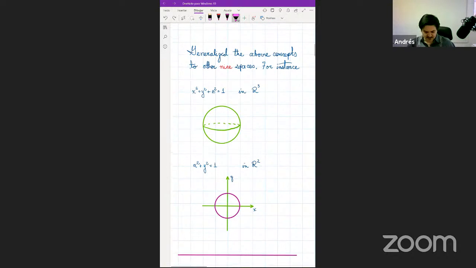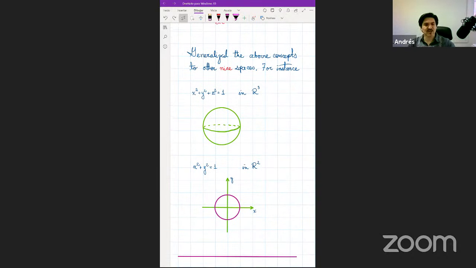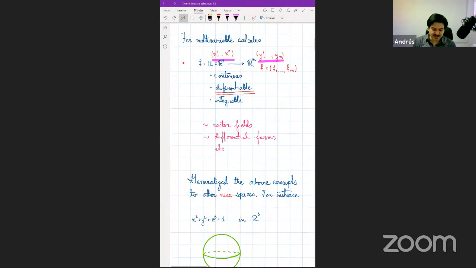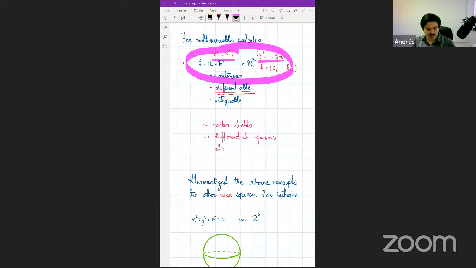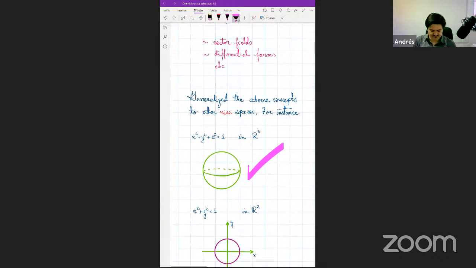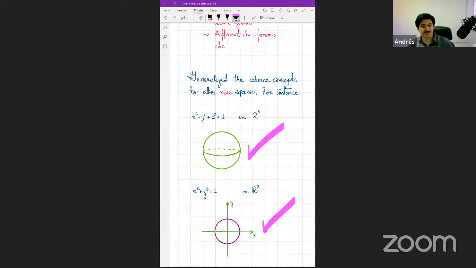Okay, so this is a very rough idea of the things that we will do. You know this, but with that knowledge, you cannot talk about differentiable functions here and here.